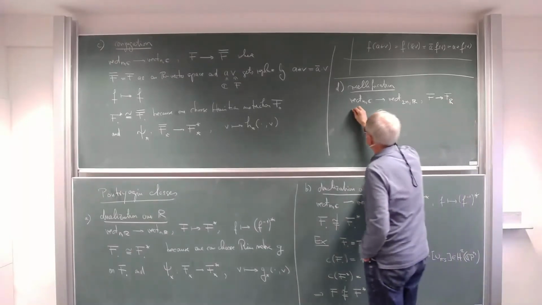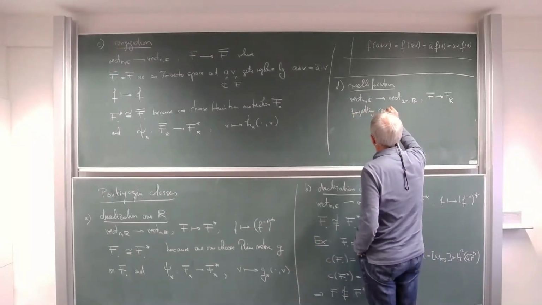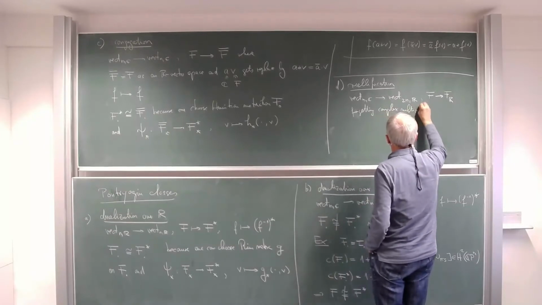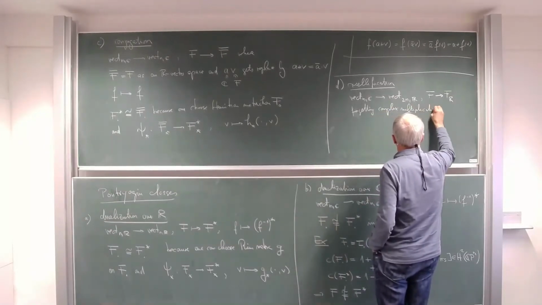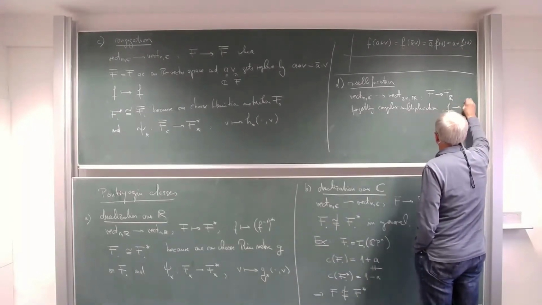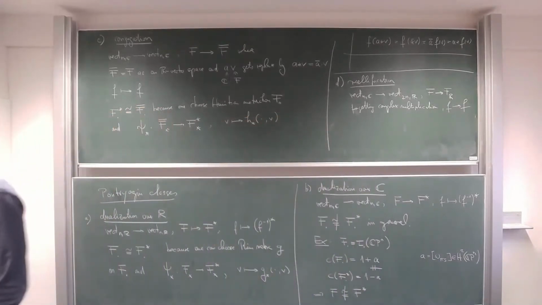So forgetting complex multiplication, only keeping real multiplication. And morphisms also get mapped to themselves, because if something is complex linear, then it's certainly also real linear.